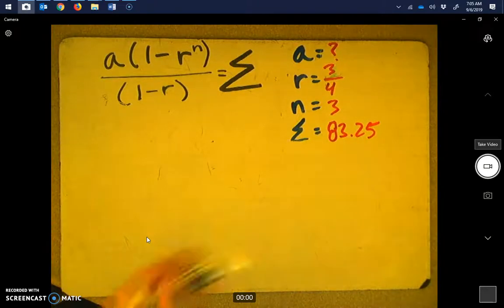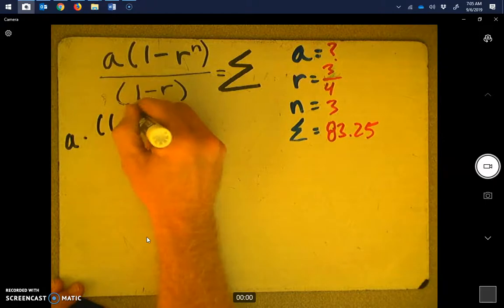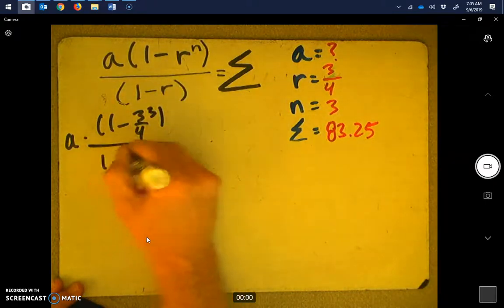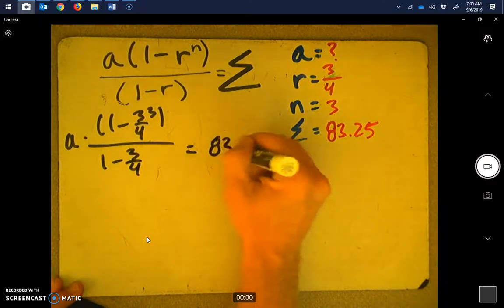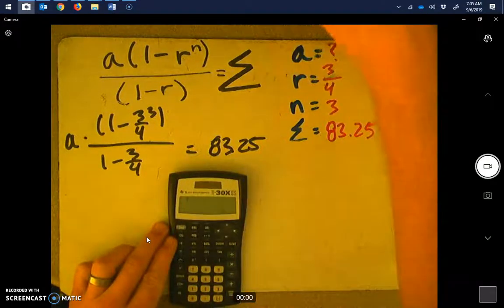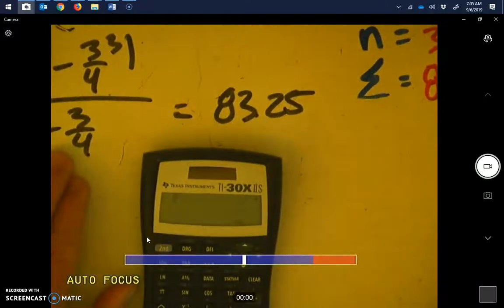Fill it in. So A by itself out front, 1 minus 3/4 raised to the 3, all over 1 minus 3/4 equals 83.25. All right, so I'm going to do this one in my head. 1 minus 3/4 is 0.25 or 1/4, so I'm just going to divide by 1/4.